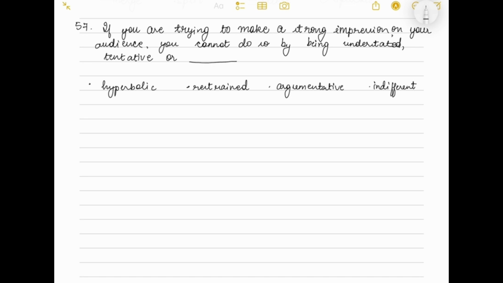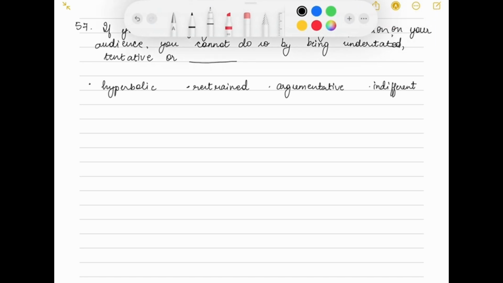One of the things you have to look forward to is being open to new experiences, because that is one of the things we are always looking for. Hyperbolic is exaggerating. Restrained is like we are not being free, we are just being in a box.